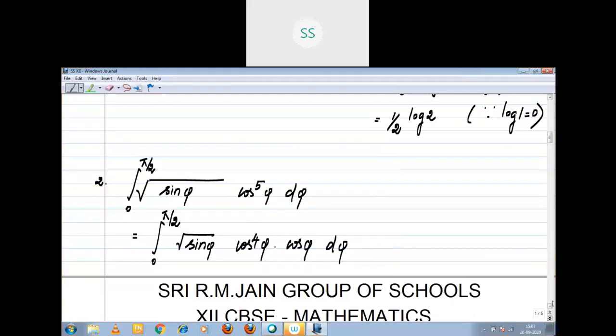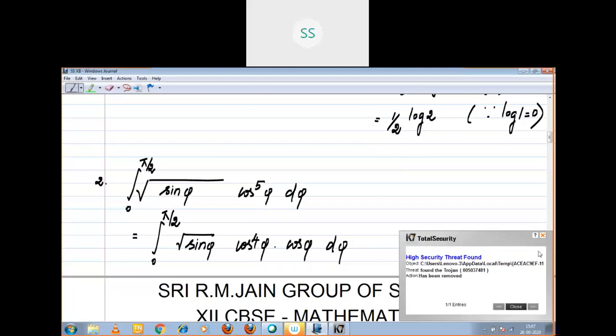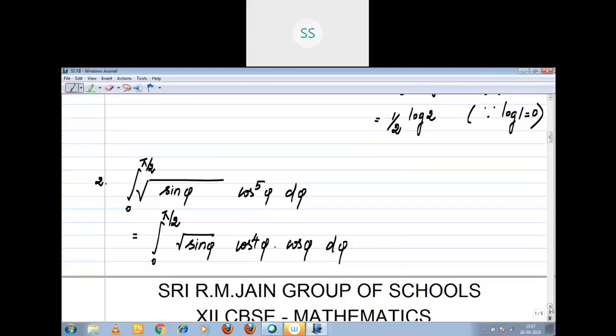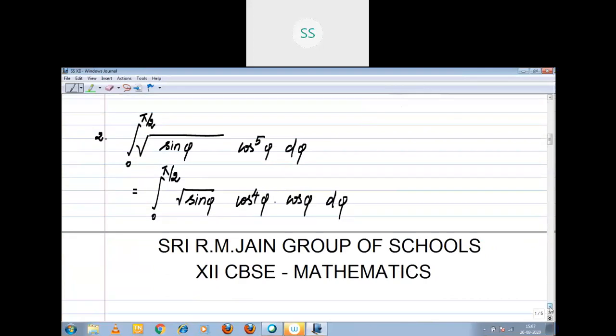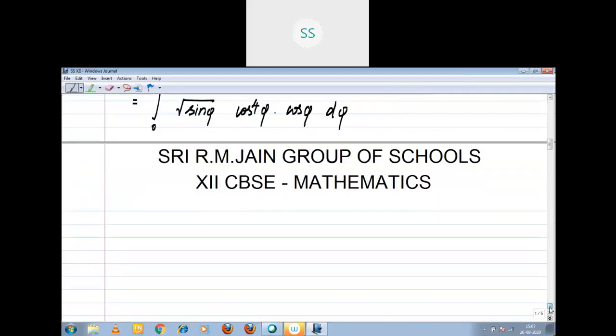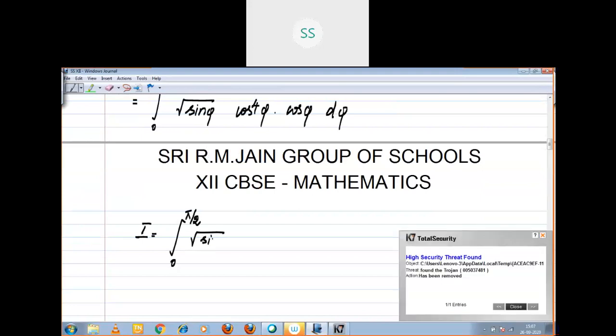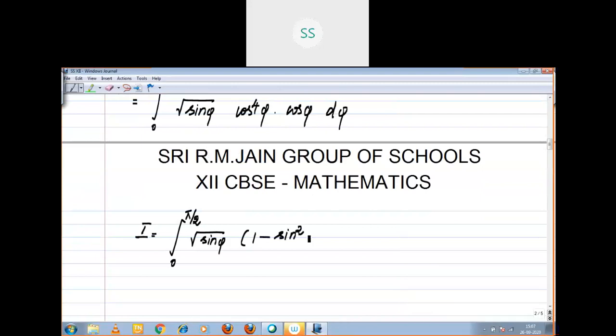Now I am going to apply the basic trigonometry identity. What is that basic trigonometry identity? Cos square theta plus sin square theta equal to 1. That I am going to apply here. Right? I equal to integral 0 to pi by 2 root sin phi cos power 4 phi. Cos power 4 phi can be written as 1 minus sin square phi the whole square.